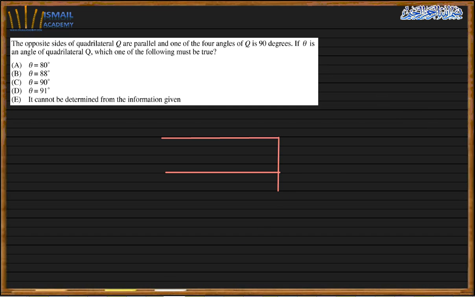And those are parallel, which means this side is a transversal. They didn't give us any other information here, so I can just draw any side here. Then I have a four-sided shape.